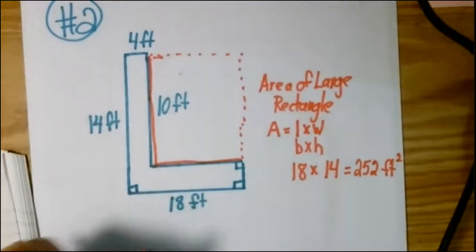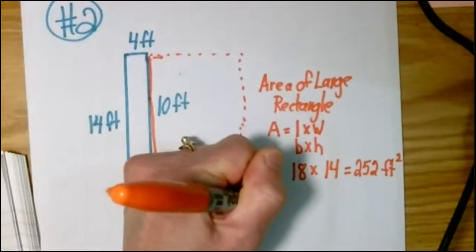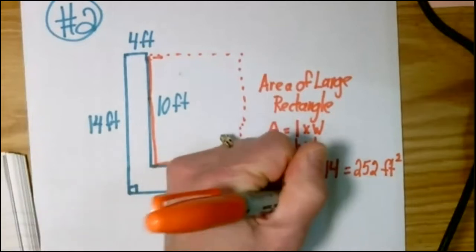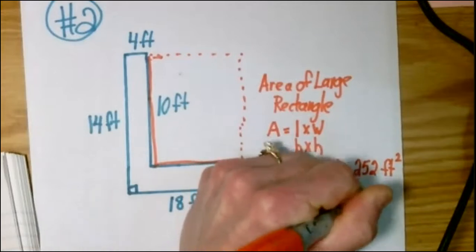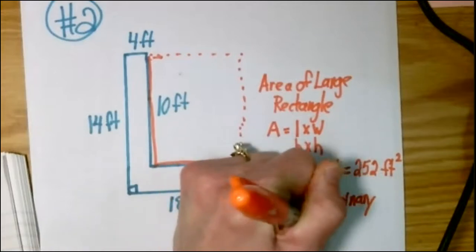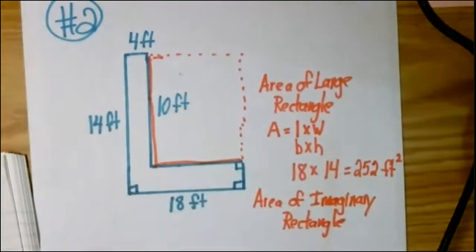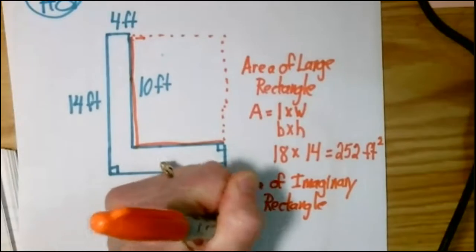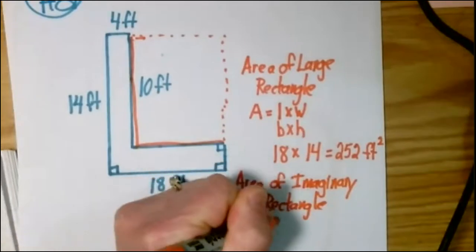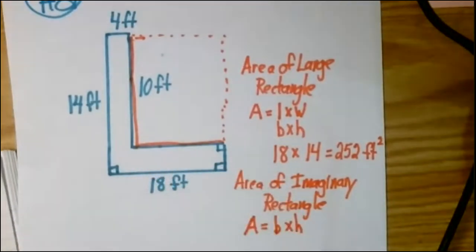So let's find the area of, we'll call it the imaginary rectangle. So the area of that is going to be length times width or base times height. We'll do base times height this time, just so you get used to both formulas.